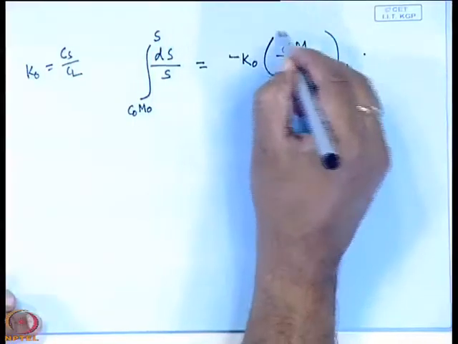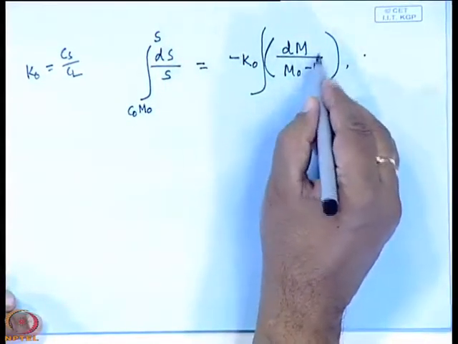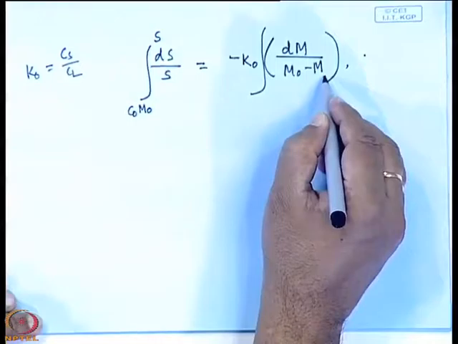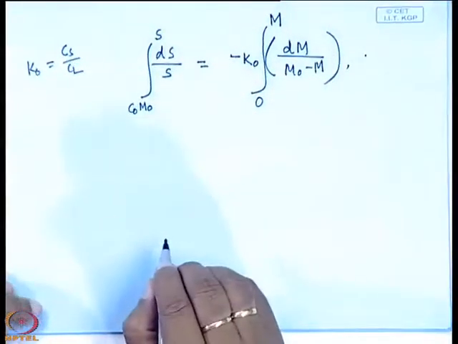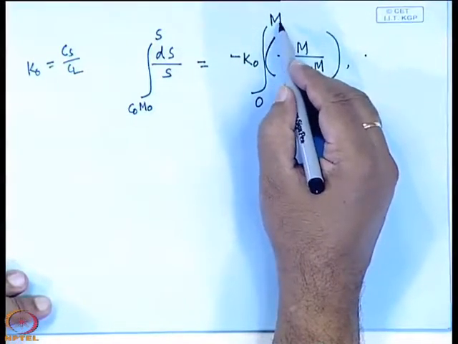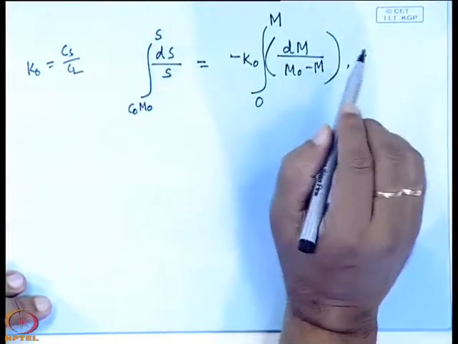Your melt was m0, and m amount of crystal has grown, m by weight obviously. So that means m amount is consumed from the melt, and the remaining is m0 minus m. And in this case, minus k0 dm by m0 minus m must be integrated from 0 to m, because the crystal is grown up to the weight m at any instant of time.